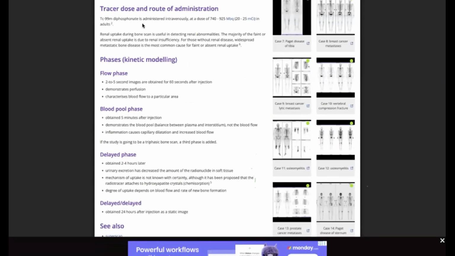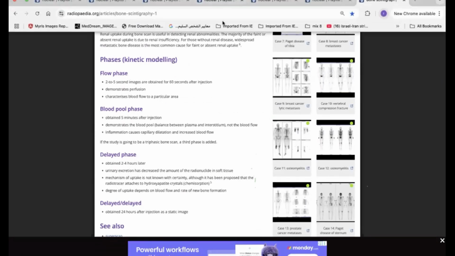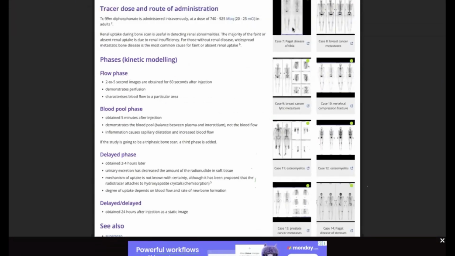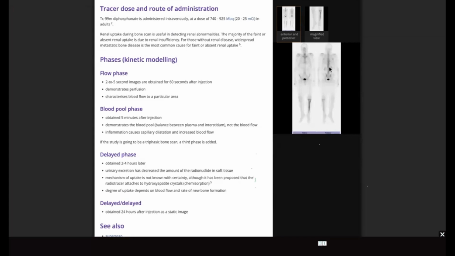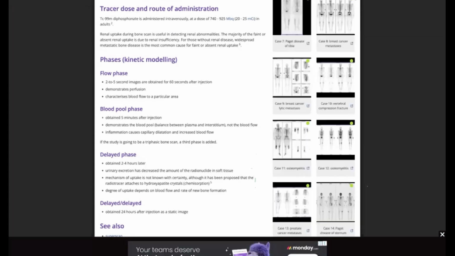Most of the bone scans are static, like this one, with only one AP and one PA image. But something like the previous case is dynamic.